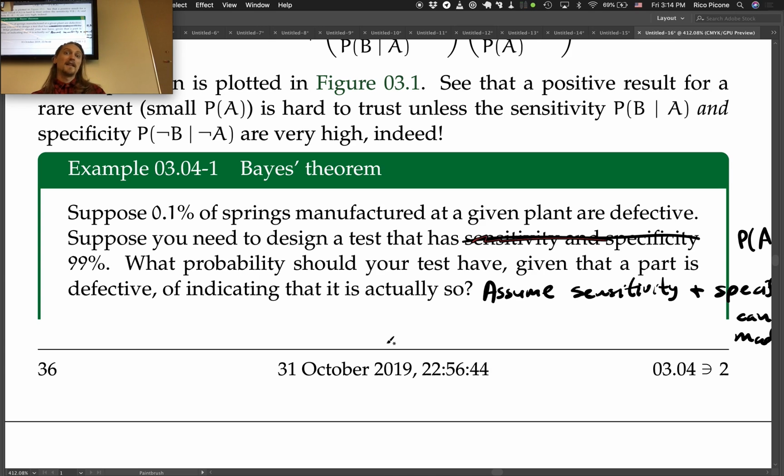When it's actually bad, I'll get a point, and if it thinks it detects one that's not actually bad, it's going to affect the statistic the other way. So what you want is to end up with one where 99% of the time, when it says it's defective, it's actually defective. So that's the design goal.